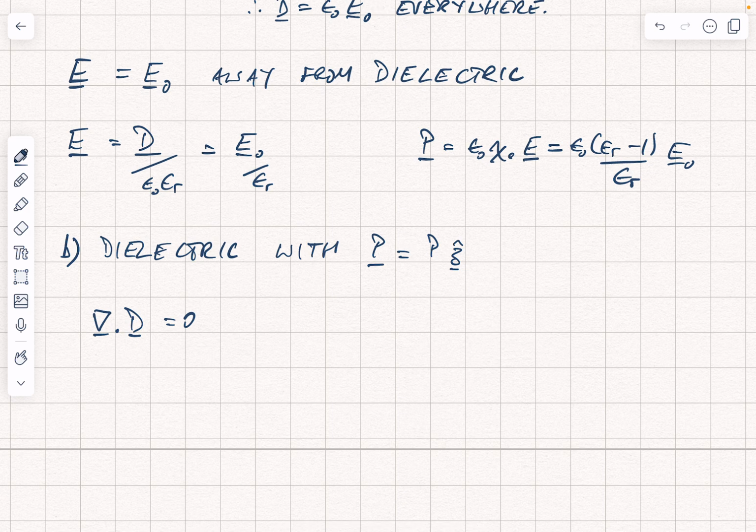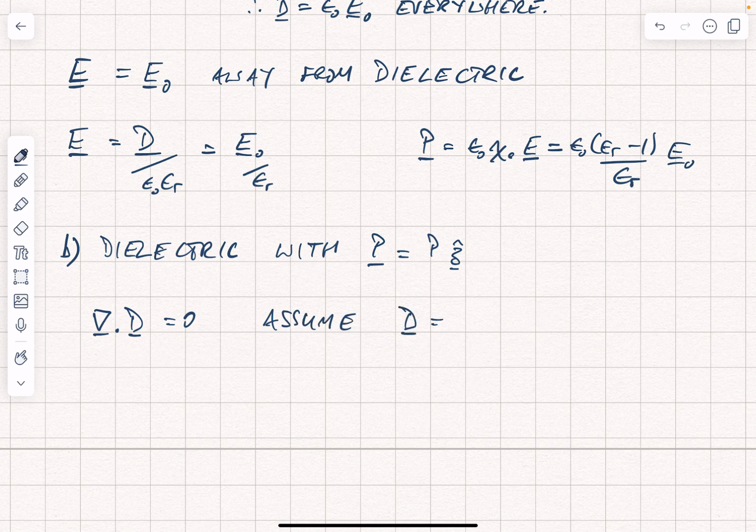Now, we're not given any specific boundary conditions in this case, but we can assume that D should be equal to 0 everywhere, simply because geometrically, if there's no charge at all to create D, and we know that our system has the geometry of an infinite plane in X and Y, then the fields must be directed along Z, and we can argue that E itself would be 0 far away from the plane because we know that it's a neutral dielectric, and therefore this is a reasonable assumption for the D field.